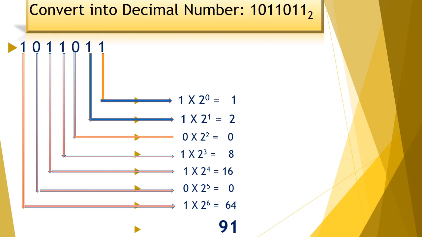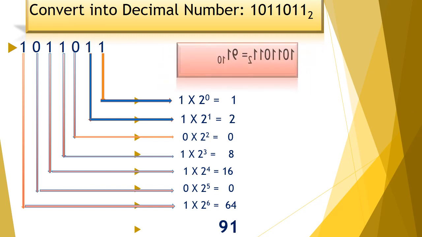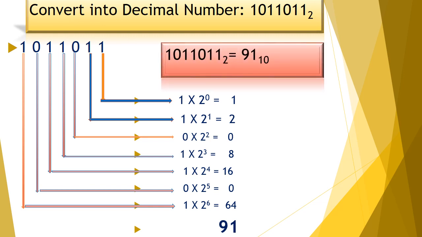Yes, that will be the decimal equivalent of the given binary number 1011011. So the decimal equivalent of 1011011 is 91. So that's the procedure of converting a given binary number into a decimal number.